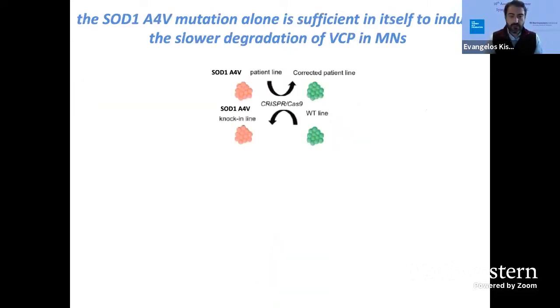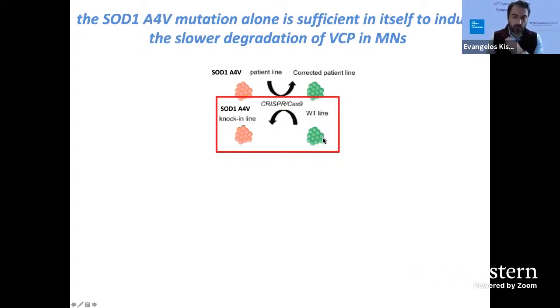The next thing we wanted to do was to validate that this was not some artifact of this specific cell line. And as I showed you before, all the experiments were based on a patient line and an isogenic control corrected, but we wanted to ask whether the mutation in itself would be sufficient to induce this phenotype of slower degradation in VCP motor neurons.